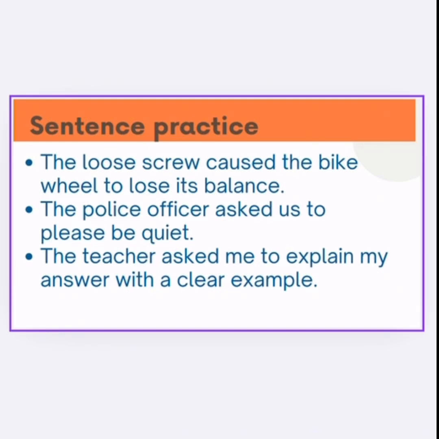Caused, the S in that word makes the Z sound. Lose, L-O-S-E, the S there also makes the Z sound. Balance, the C there makes the S sound. So let's read it again. The loose screw caused the bike wheel to lose its balance.